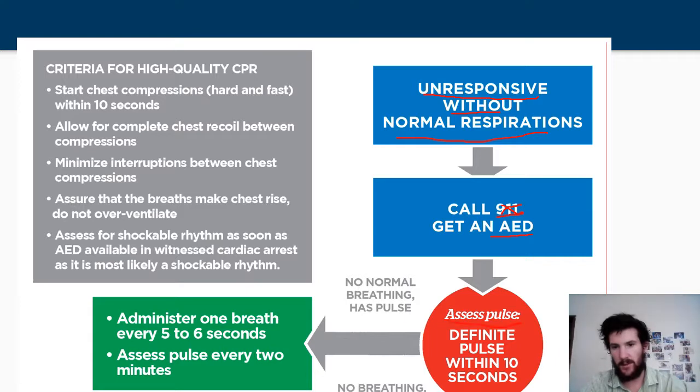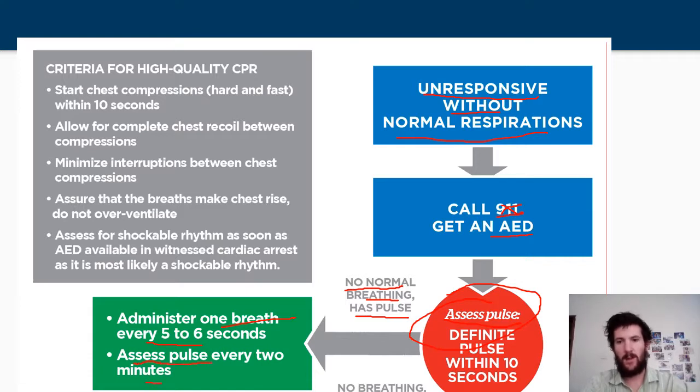You assess the pulse. Important, in 10 seconds, as I said to you. If in 10 seconds there is a pulse but no normal breathing, you give rescue ventilations. That is one breath every 5 to 6 seconds. And of course, you have to continue monitoring the pulse every 2 minutes.